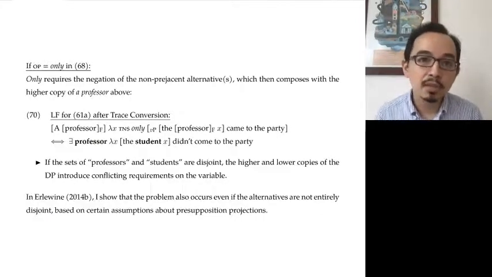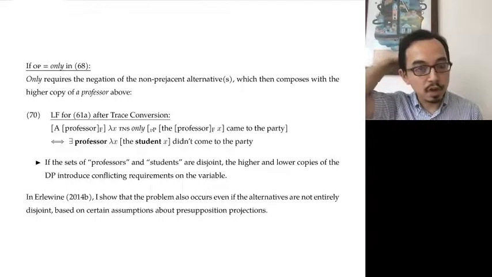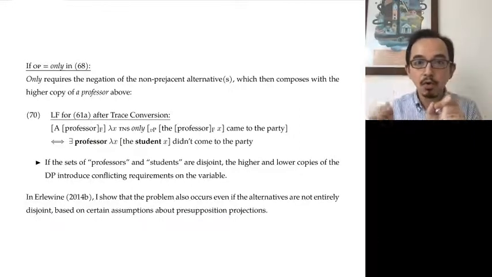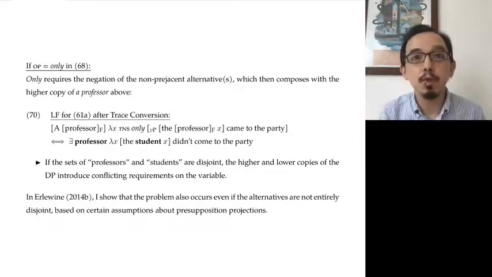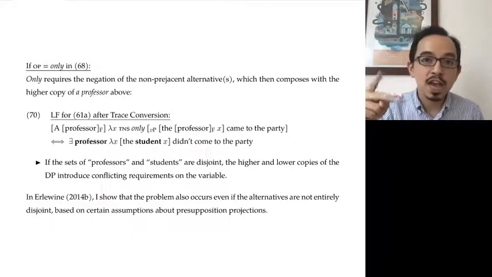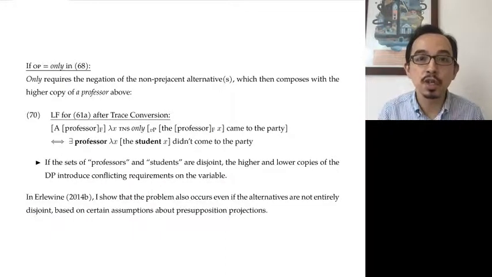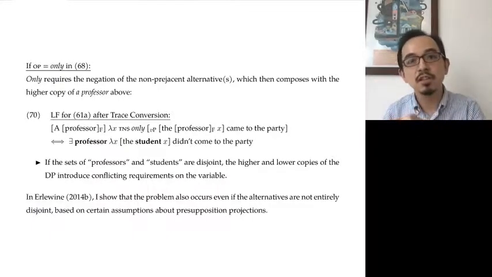What happens in this situation in 70? So in the logical form, I've just copied this logical form here. A professor will only the professor x come to the party. And now if we unpack the meaning of only, what does only mean? Well, in a context where professor just has one local alternative, which is student, if we unpack this meaning, only means the negation of its alternative.